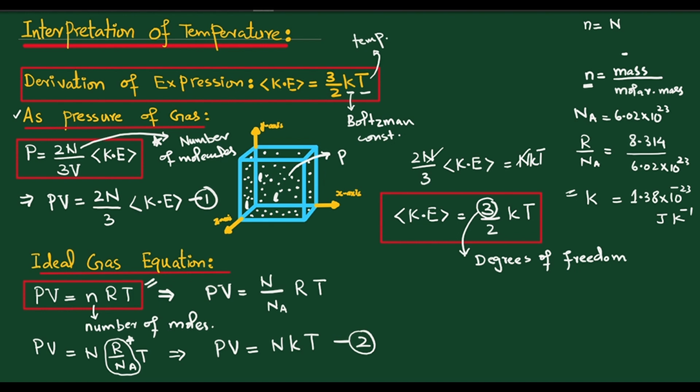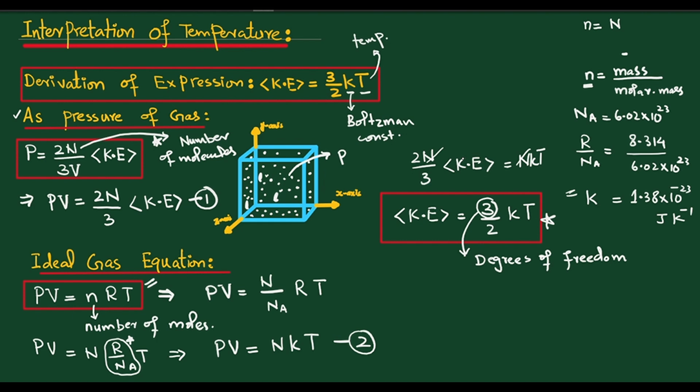If the molecules can vibrate and rotate, then its degrees of freedom will be 4 and 5. Here we are considering only the translational kinetic energy of these molecules. Hence, we get the average kinetic energy equal to just 3/2 kT. If we consider the rotational and vibrational motion, then the average kinetic energy will increase. This is called the equipartition theorem.